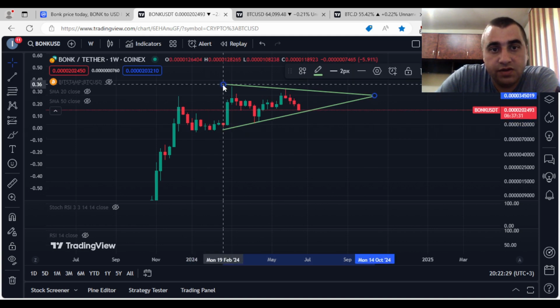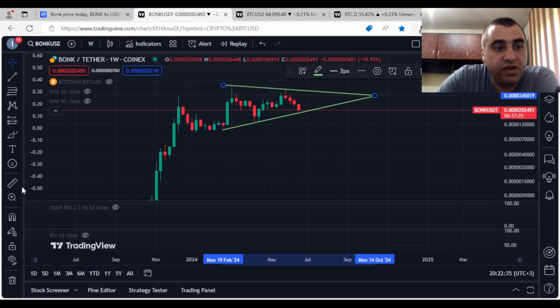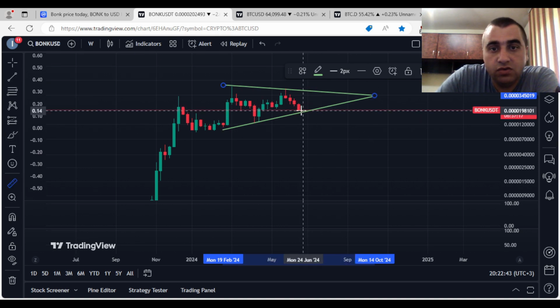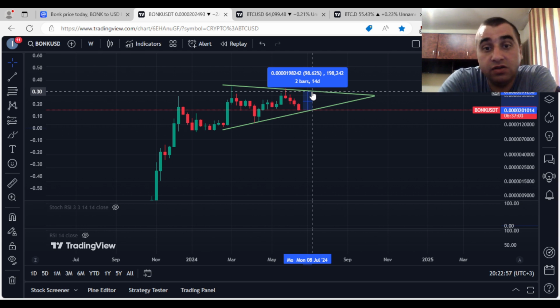I'll put this triangle over here, something like this. And if the price pumps from the actual level to the top of this triangle, it will be an increase of somewhere around 100%, 104%. Let's be conservative, somewhere near 100%. And that's my current estimation.